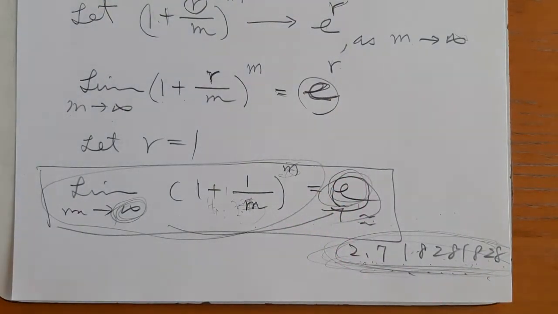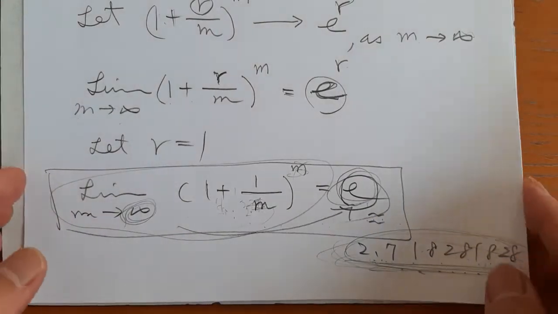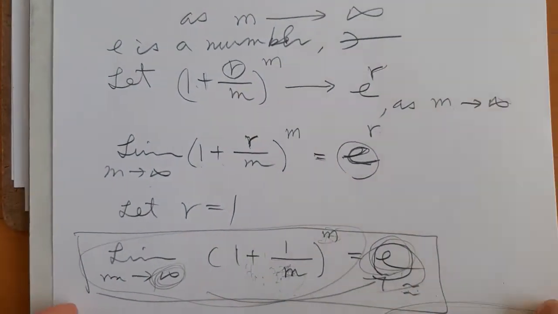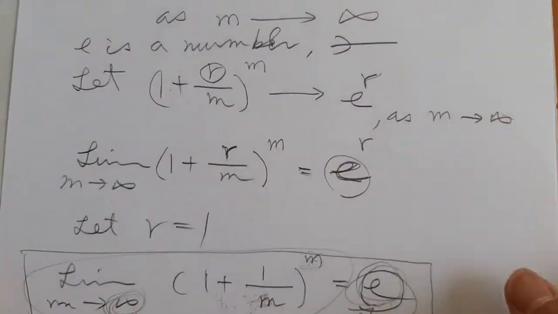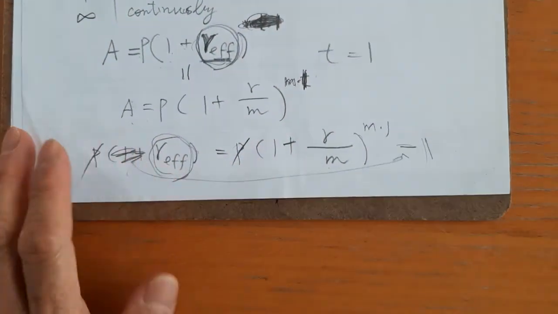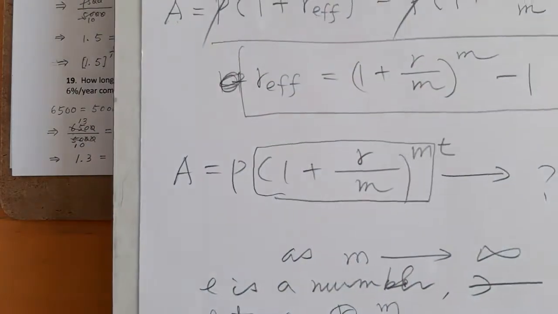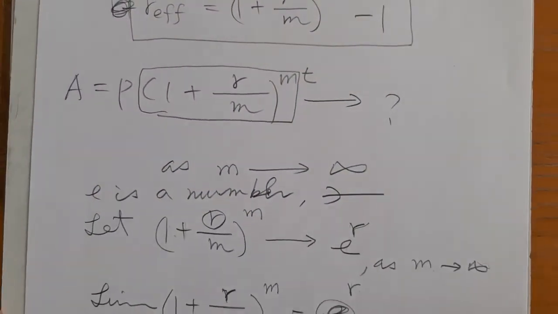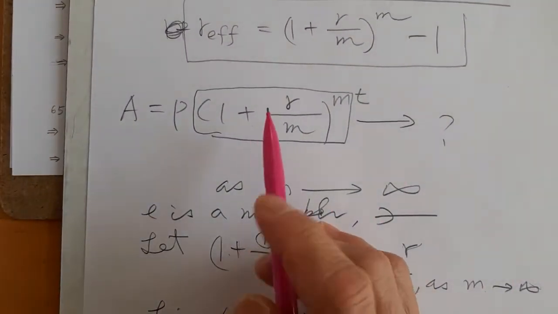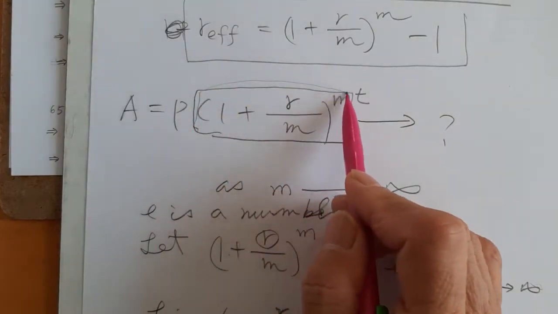This is where e comes from. We call this number defined as the natural number.